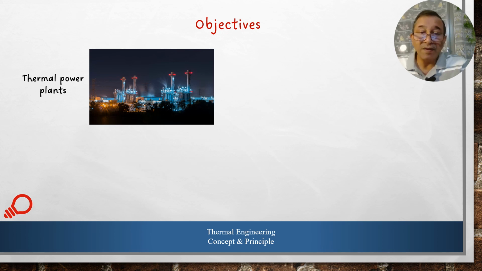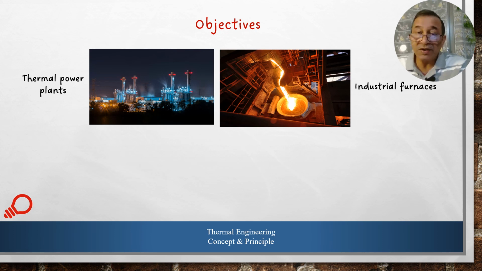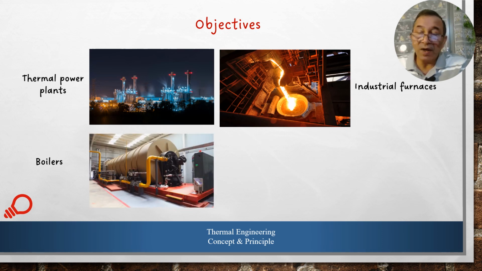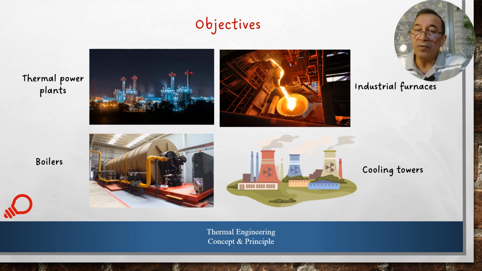Here we have the thermal power plants. Industrial furnaces are used in modern technology. Then we have the boiler technology, which is used in different sectors of industry. And finally, we will go through the cooling towers.